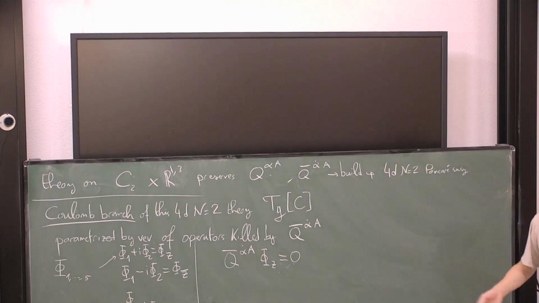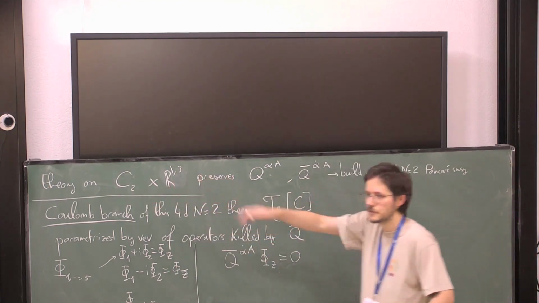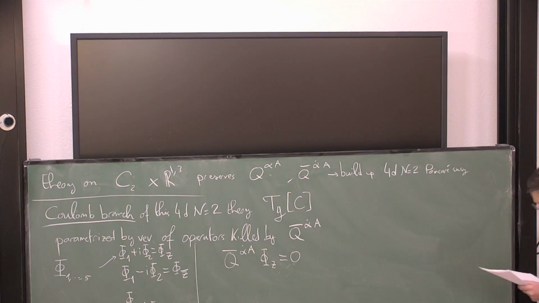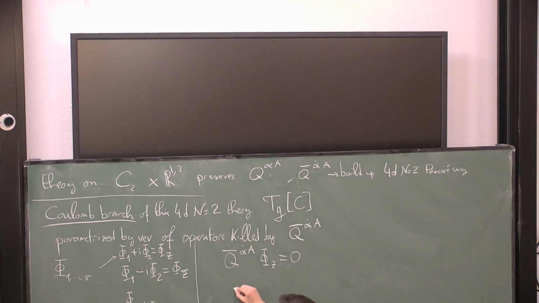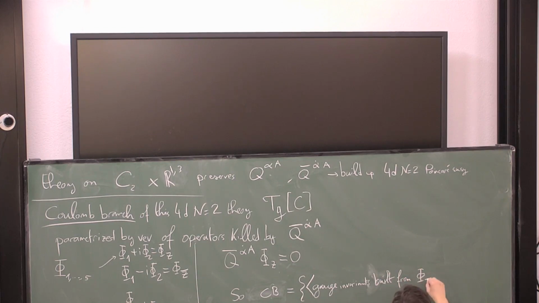Just from looking at the charges under the various SO(2) and so on, you see that there's nothing that it can be equal to. So the Coulomb branch, let's call it just CB, is going to be parametrized by vacuum expectation values of gauge invariants built from phi_z.